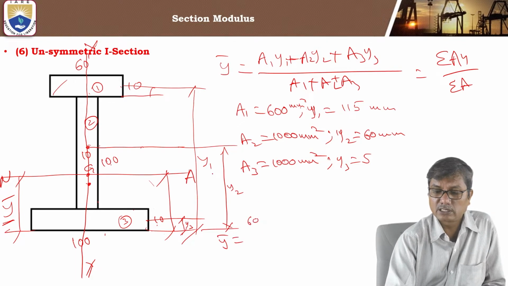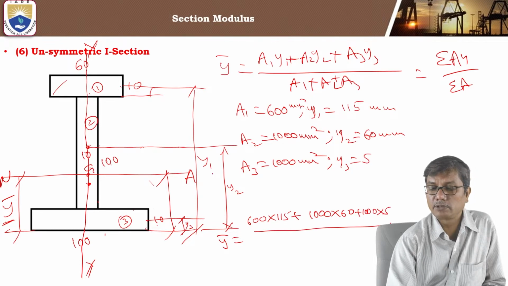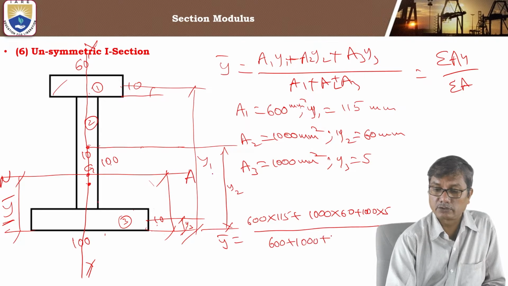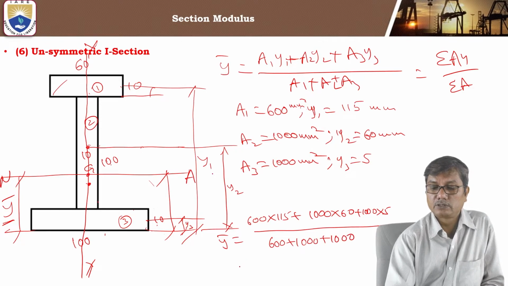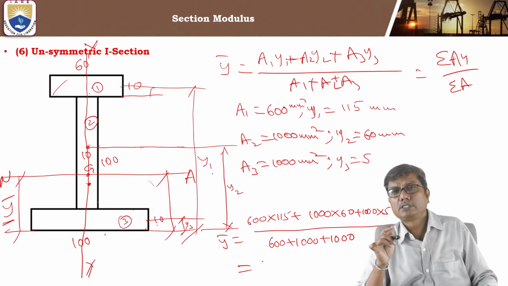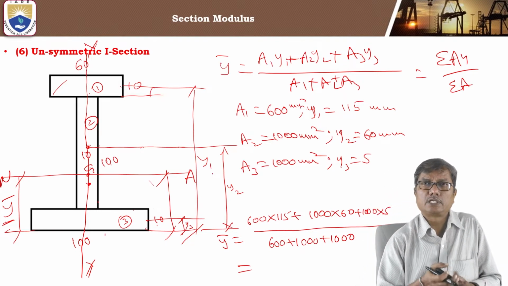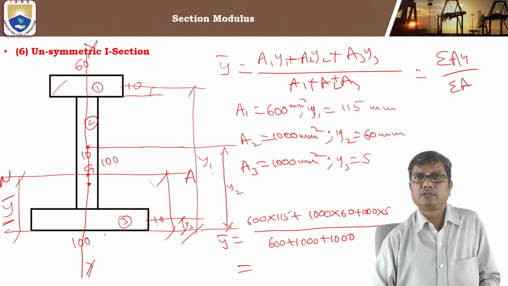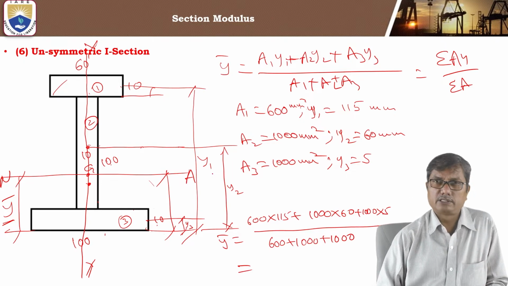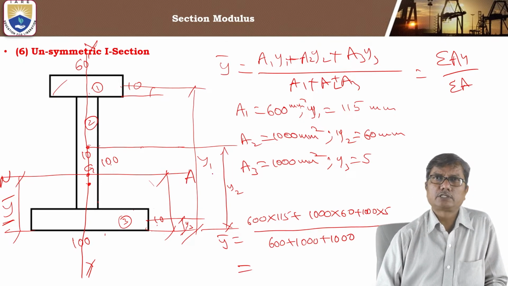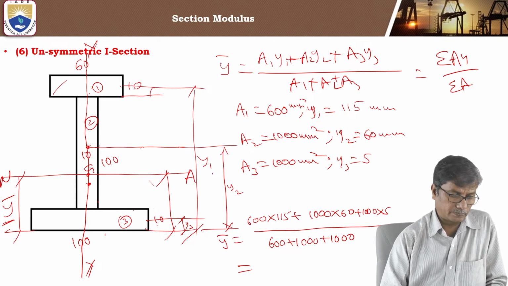So 600 into 115 plus 1000 into 60 plus 1000 into 5, divided by 600 plus 1000 plus 1000. Okay, this gives the distance of the centroid of the given unsymmetrical I section.